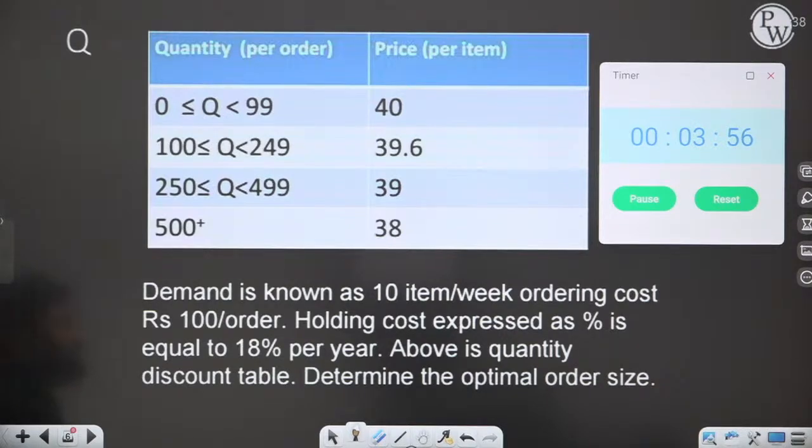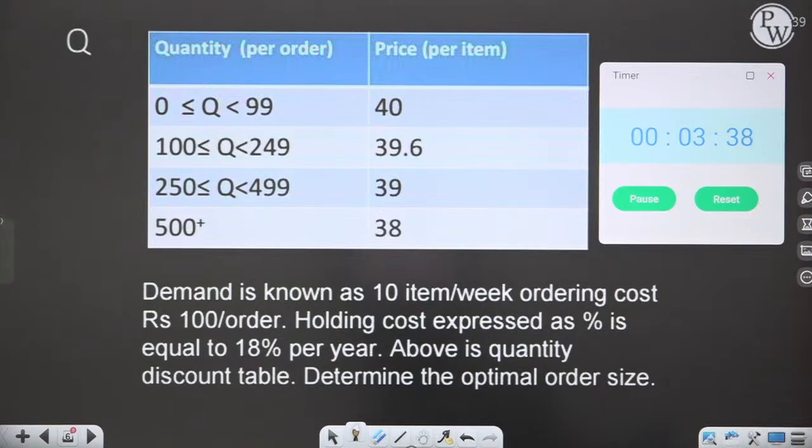If you are able to minimize the total material cost, then according to that you can select the discount model. The total material cost will be minimized according to the economic lot size.